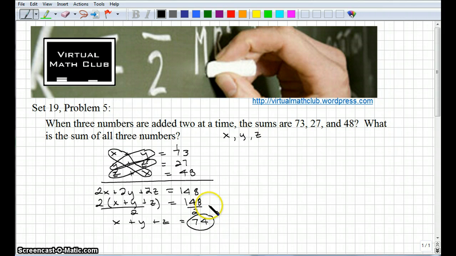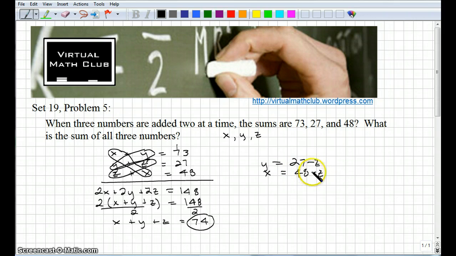Now you might not have seen that you could do that, but you could easily use this equation, and you've got y plus z equals 27, so you could say y is equal to 27 minus z, and you could say x is equal to 48 minus z.